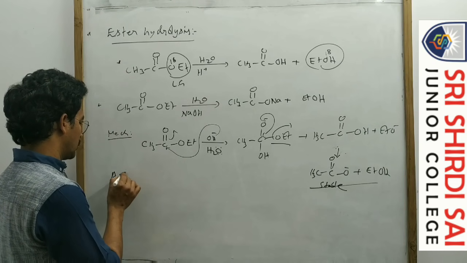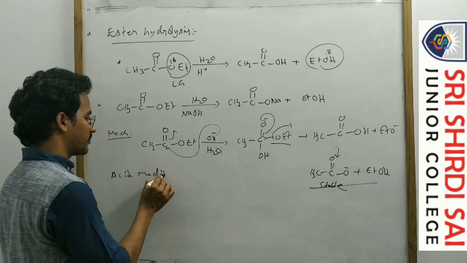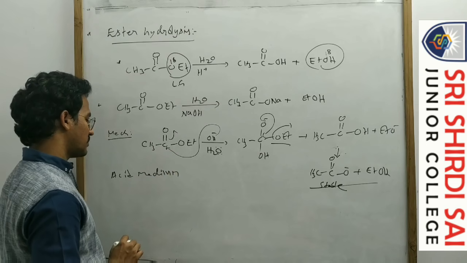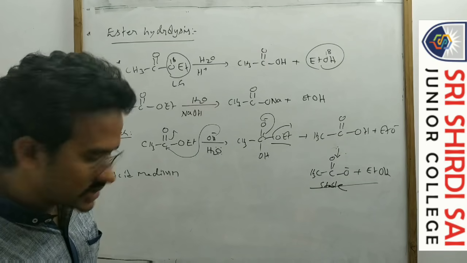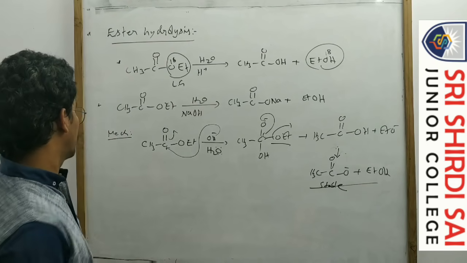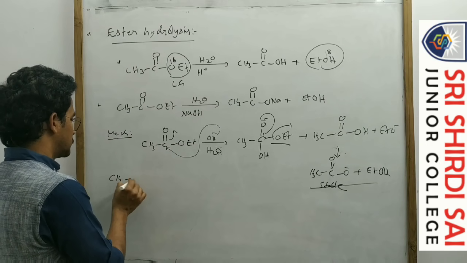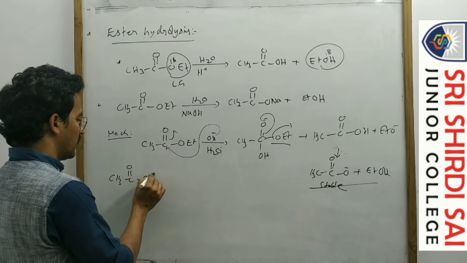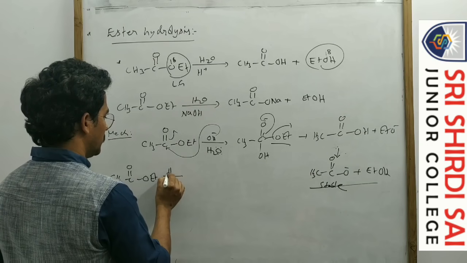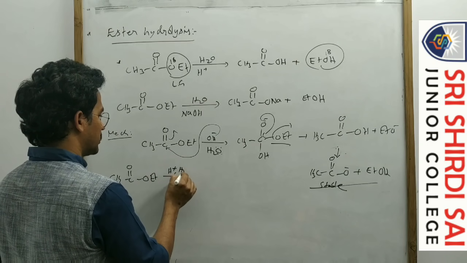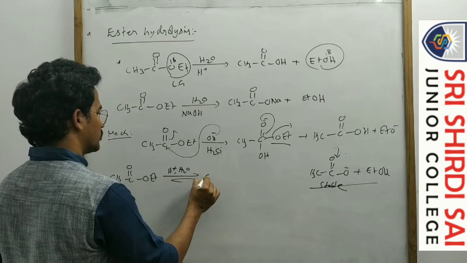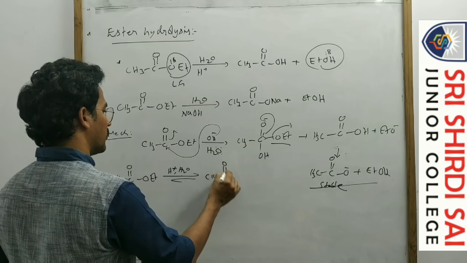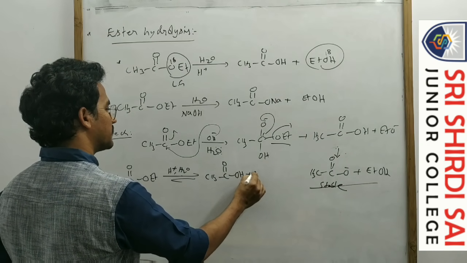Okay, so acid medium hydrolysis: CH3C double bond O, OEt, H plus and H2O, a reversible reaction, giving CH3C double bond O, OH plus ethyl alcohol.